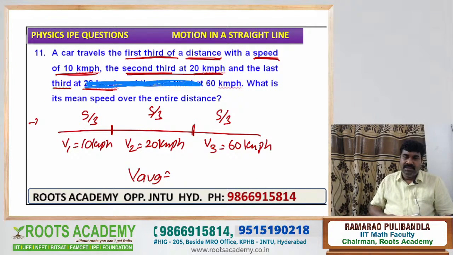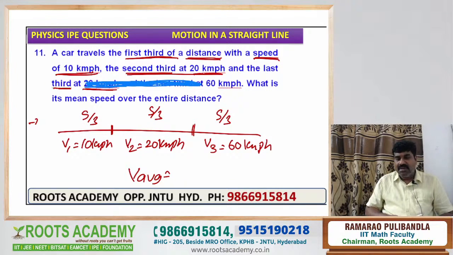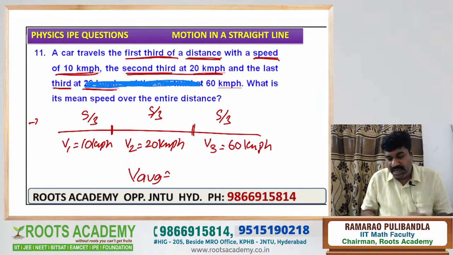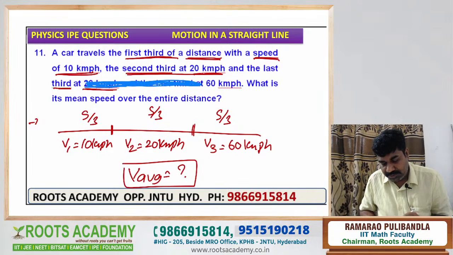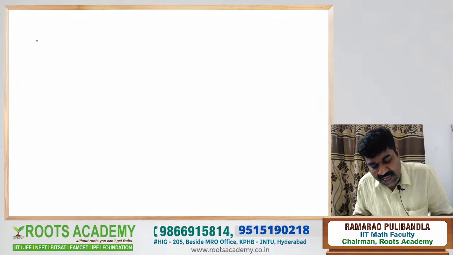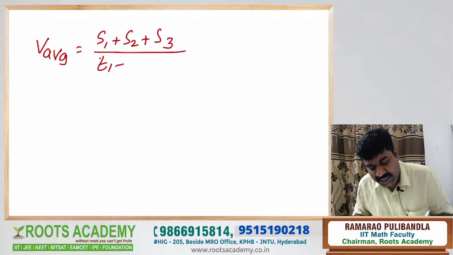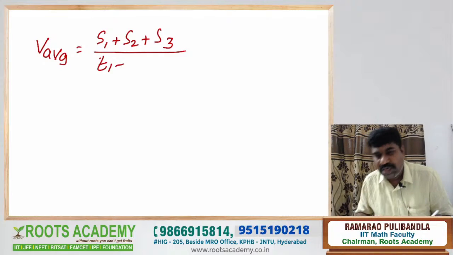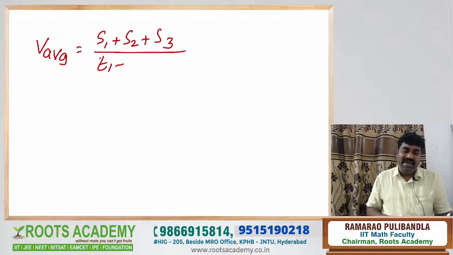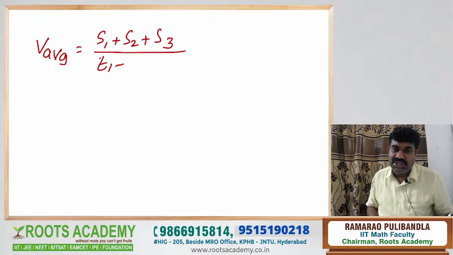We want to find the average speed or average velocity, which is total displacement by total time taken. Here the displacements S1, S2, S3 are given, but there are no T1, T2, T3 values.